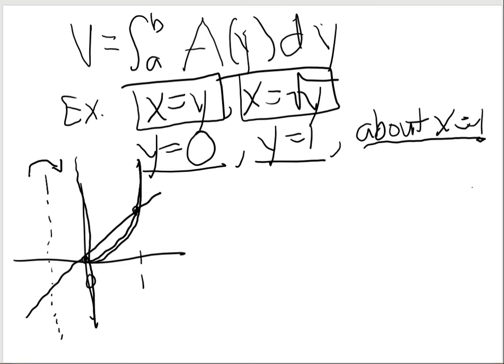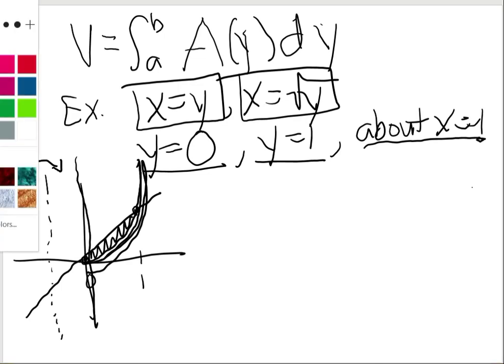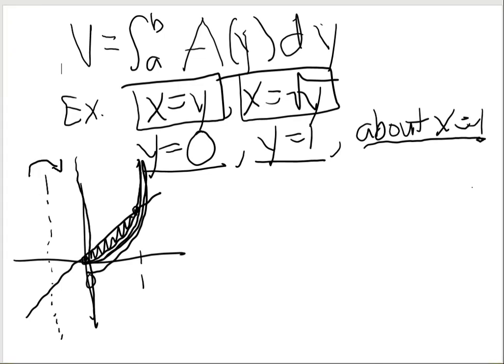Just looking at it graphically, we have this area, and it looks like our top one is going to be this function here, which was our square root of y. But now that distance isn't just the square root of y, because you have a distance of 1 and a distance of square root of y. So now this becomes x equals 1 plus square root of y.